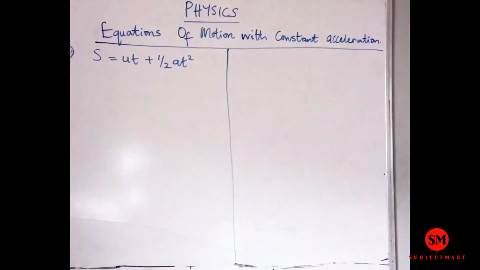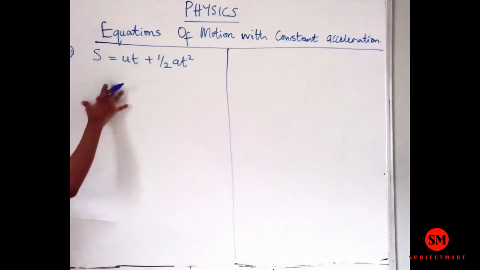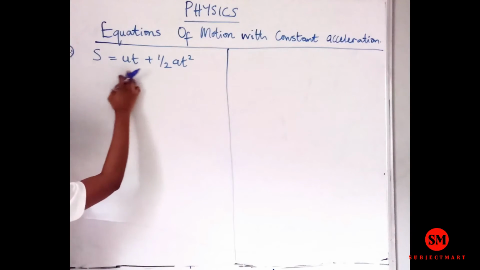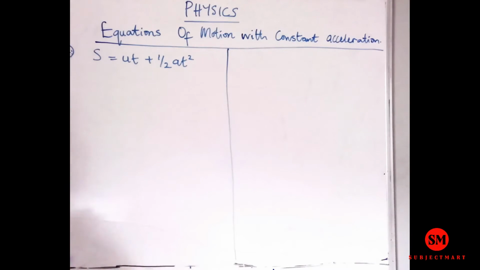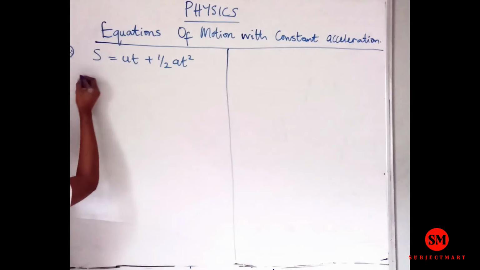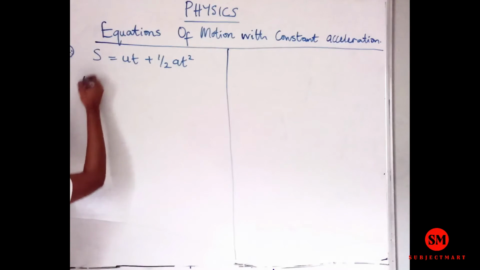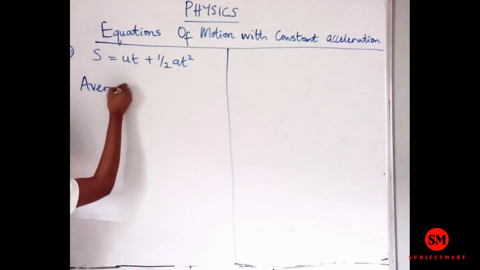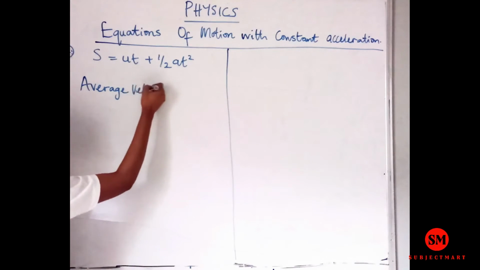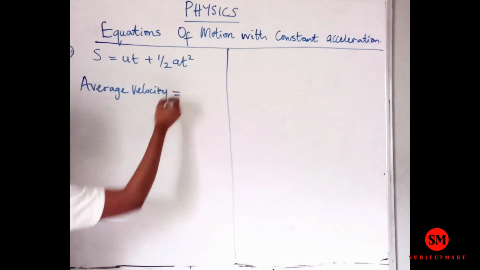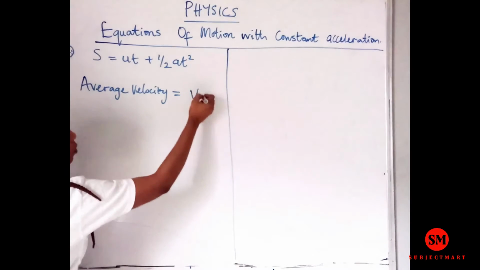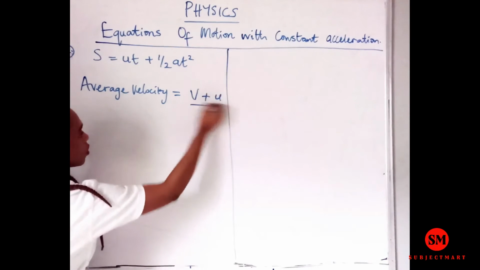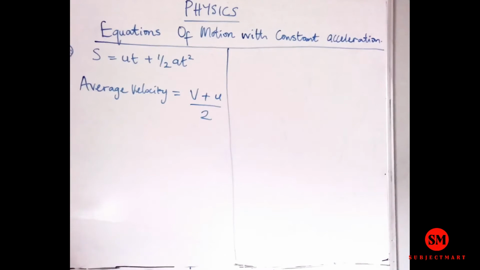So now we move on to the derivation of the second equation. s equals ut plus half at squared. You recall that average velocity is equal to final plus initial velocity over 2. It's very simple.